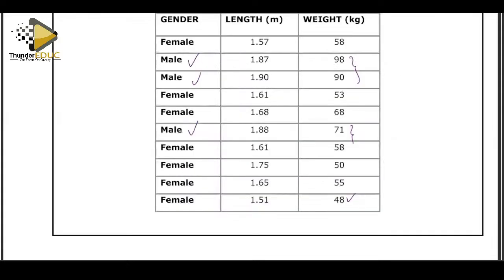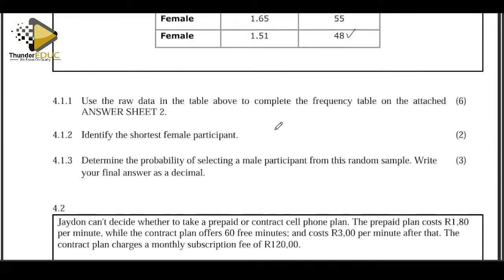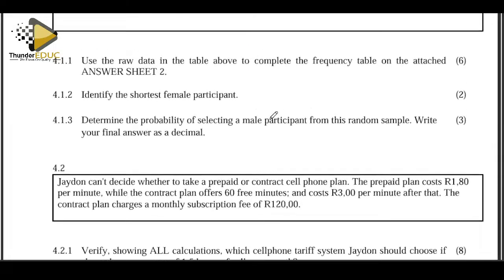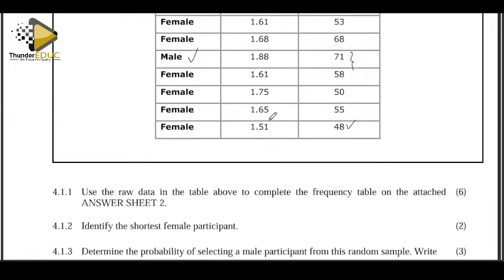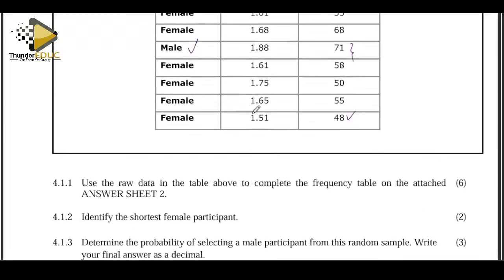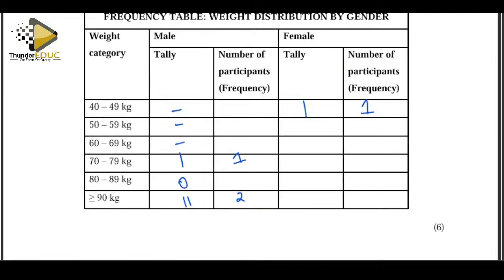Continue to the next question, which says, identify the shortest. The other part of the tally, which is the male. So we have 3 of them, then we fit them this side. There's only 1 male here.